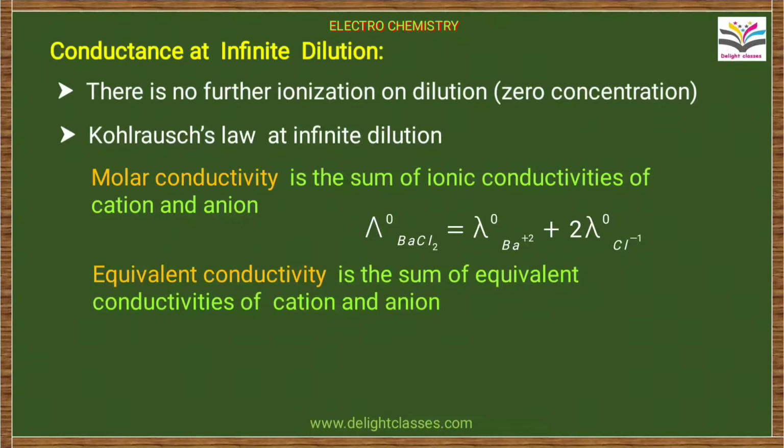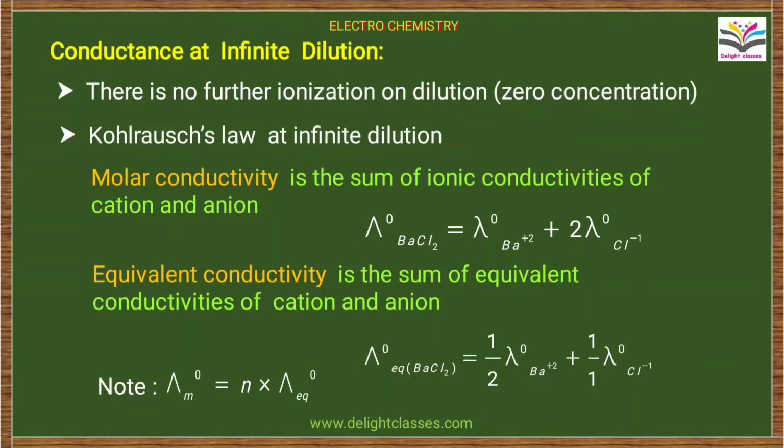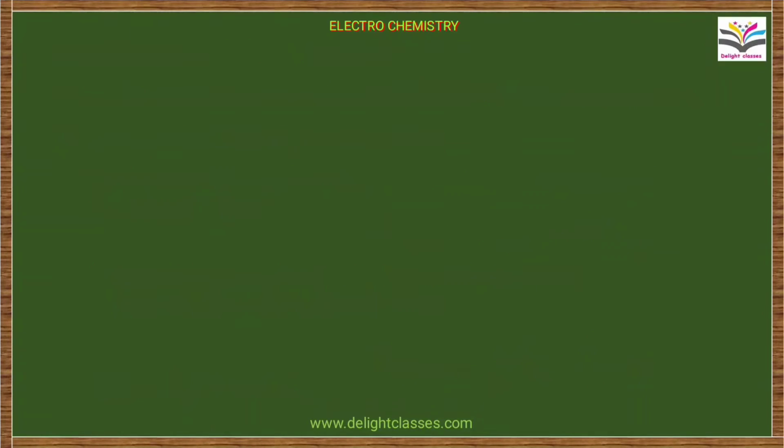Equivalent conductivity is the sum of equivalent conductivities of cation and anion. Equivalent conductance of barium chloride is equal to equivalent conductance of barium and equivalent conductance of chloride. Note, molar conductance is equal to N into equivalent conductance at zero concentration.